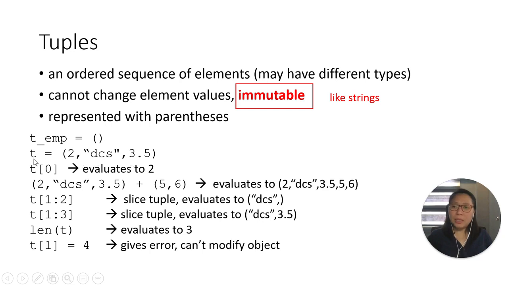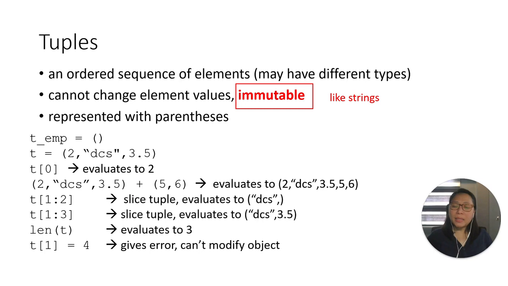This means that t binds to this tuple value. It contains three elements: the first is an integer, the second is a string, and the third is a float.